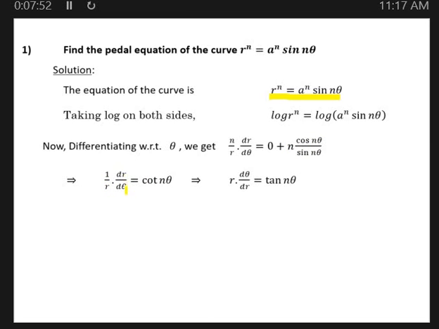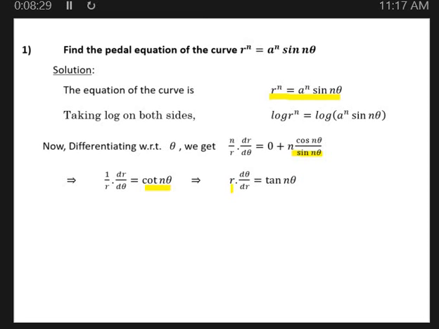By simplifying this, we get, see, n we have cancelled. 1 by r into dr by d theta is equal to cot n theta. Cot n theta means it is cos n theta by sin n theta. So which implies r into d theta by dr is equal to tan n theta. We have taken the reciprocal of 1 by r dr by d theta, that is r into d theta by dr. Then 1 by cot n theta is equal to tan n theta, which implies that tan phi is equal to tan n theta.